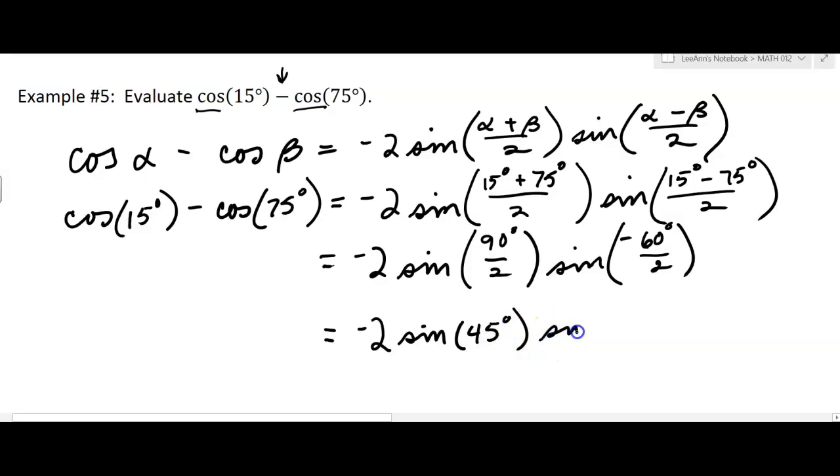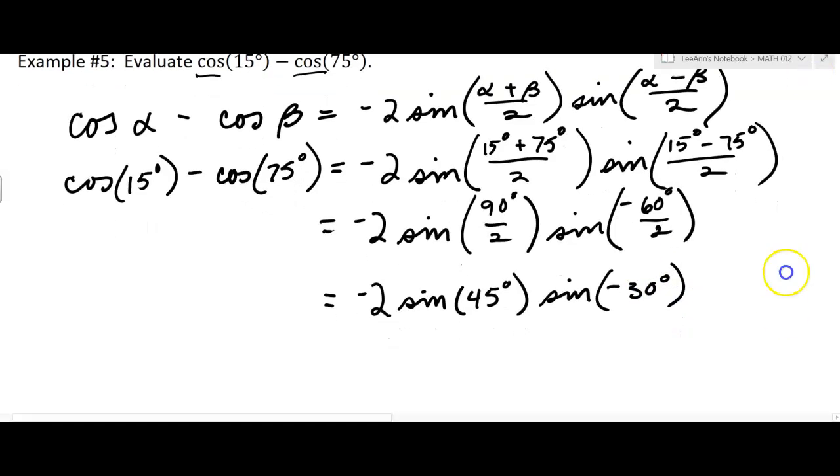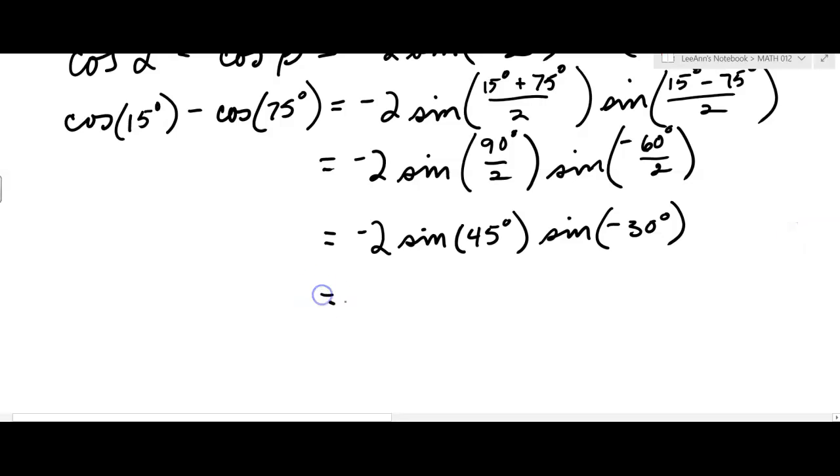So this is just some fun math. Sine minus 30 degrees. I'll just put it that way for now. Okay, now, what do we know? Well, first of all, I'm going to do something here. Sine 45 degrees.